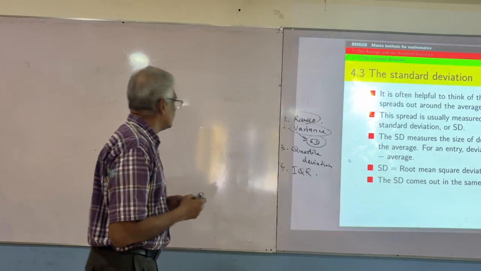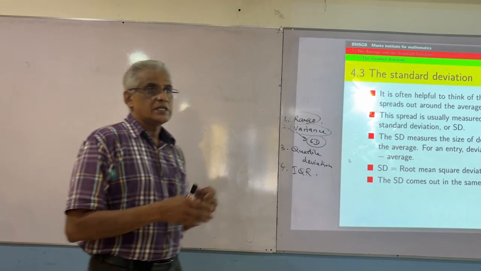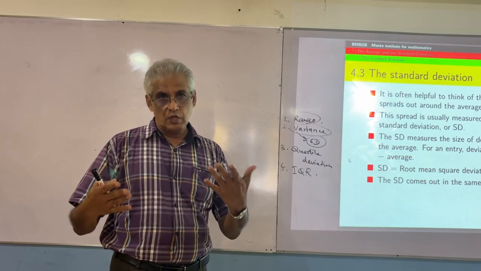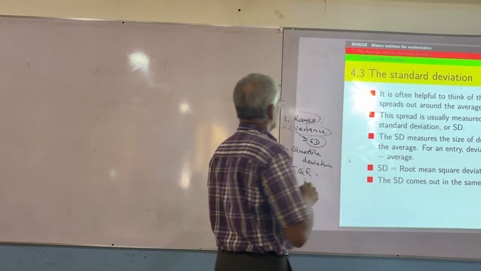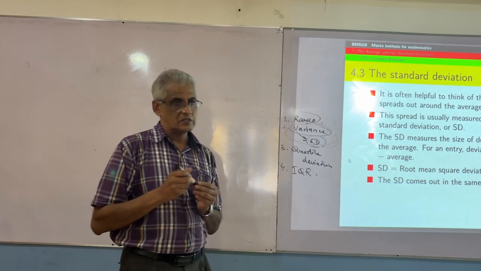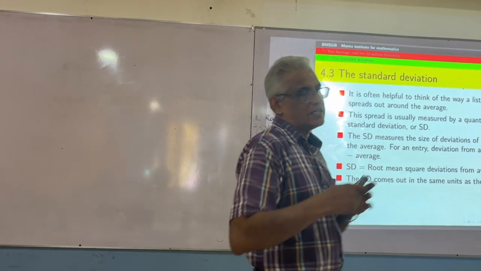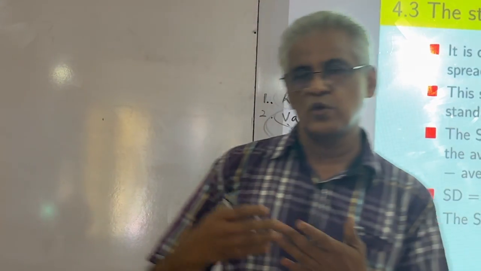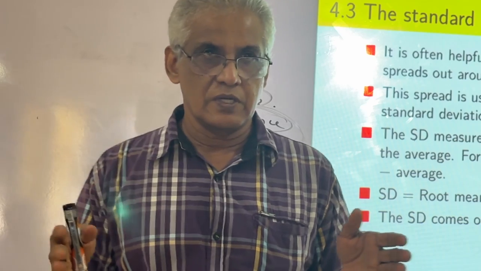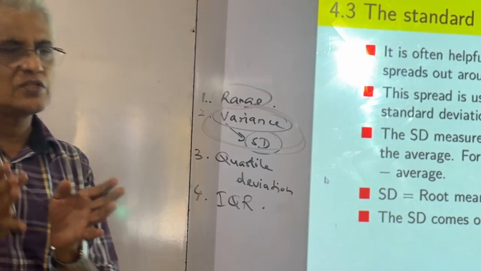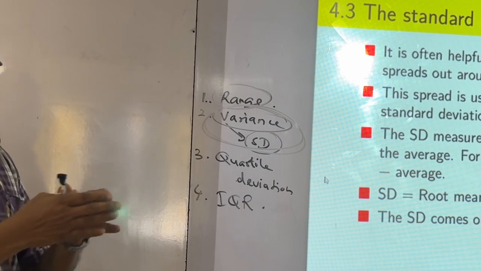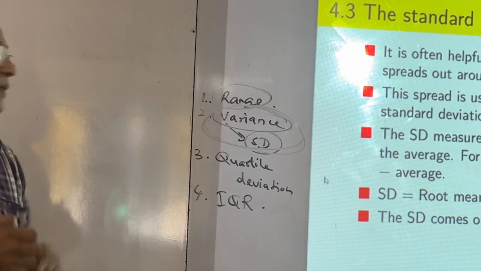For example, if you want to talk about the distance to your observations on average from the mean, you use one of these, variance or standard deviation. That gives you the kind of average distance or average distance square from the mean. So if you have chosen mean as your center, generally people use one of these as the measure of the spread.